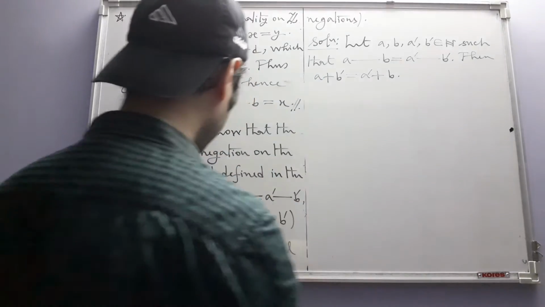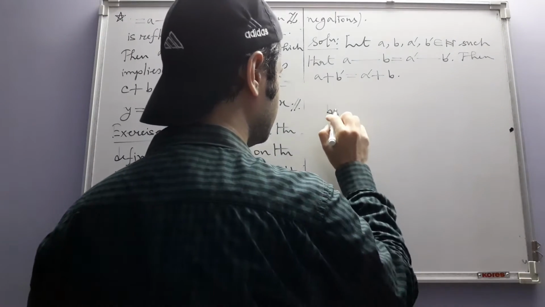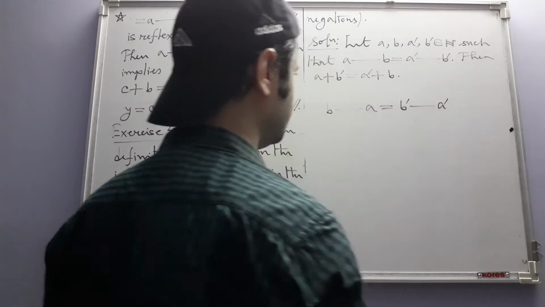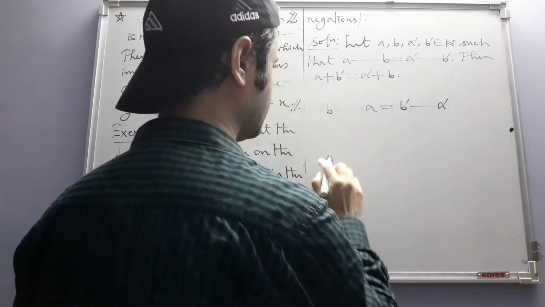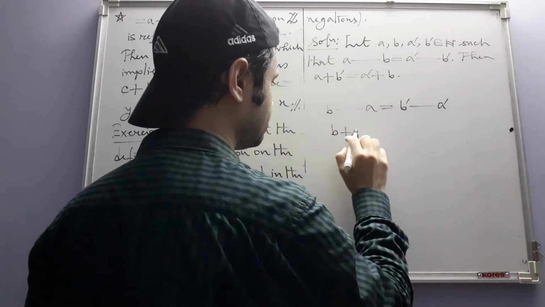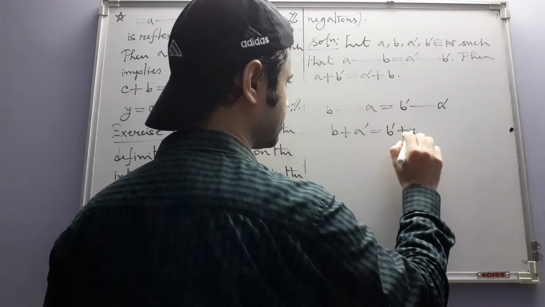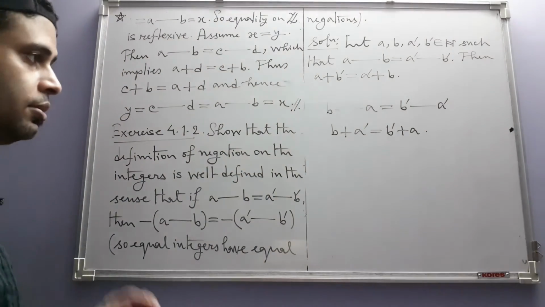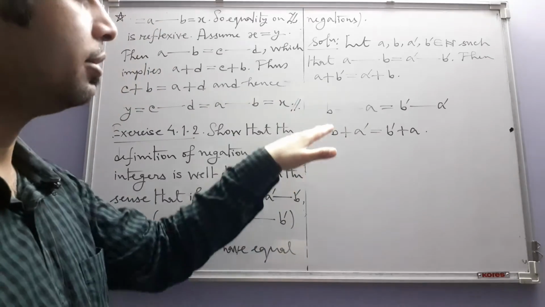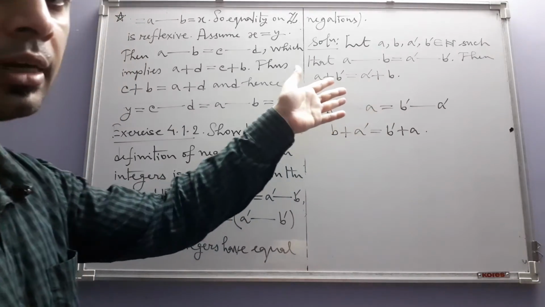We need to prove that minus of this is equal to minus of this. That means we need b dash a equal to b prime dash a prime. For that to happen, we would have to have b plus a prime is equal to b prime plus a. For this one you see that we actually need the fact that addition of natural numbers is commutative. So here we need that fact.